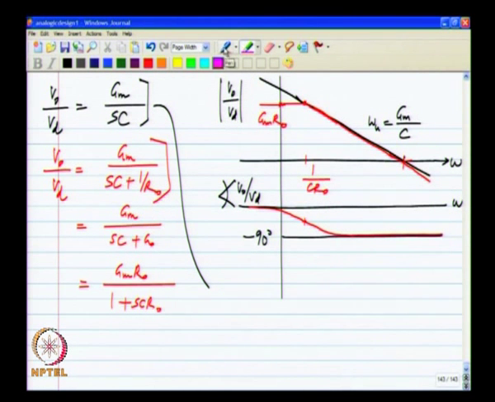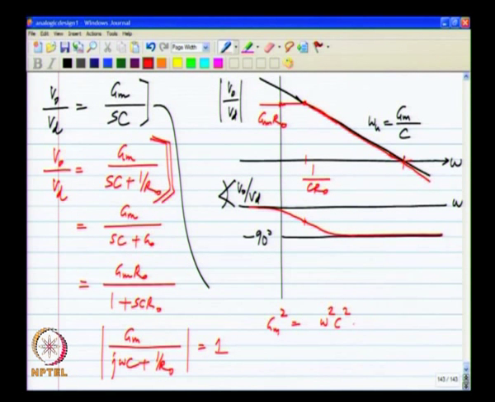And just for completeness, we will calculate when the magnitude response here goes to unity. To be unity, this means that Gm square is omega square C square plus 1 by R naught square.